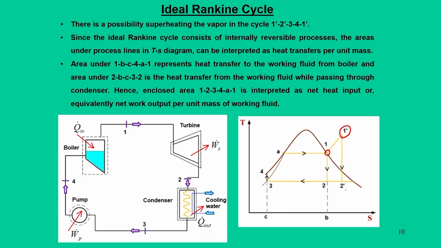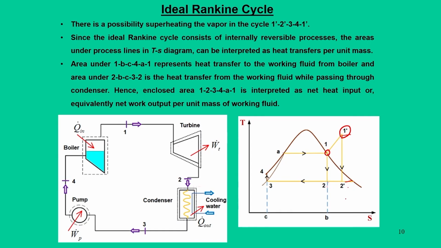The very basic difference is that steam at state 1 is heated further before being expanded in the turbine. The advantage we get is that the length of this vertical line is higher, so we can extract more work, number 1. Number 2 is that there is a chance that we are moving towards the saturated vapor region, that means 2 moves to 2 dash.